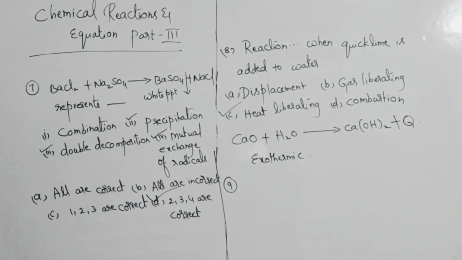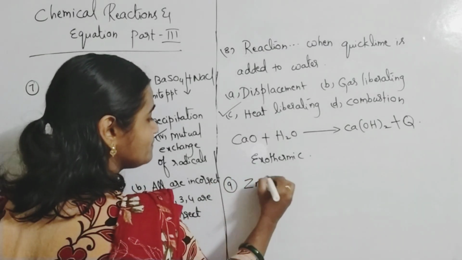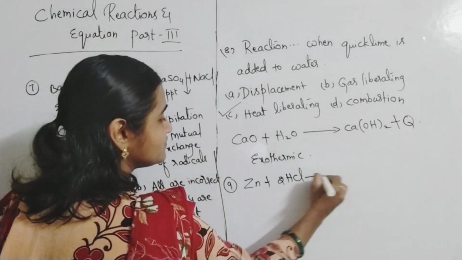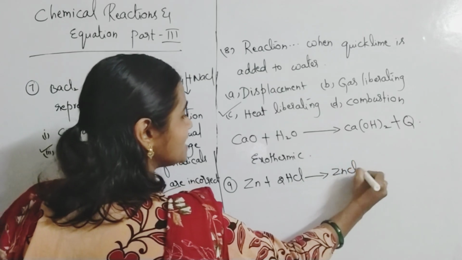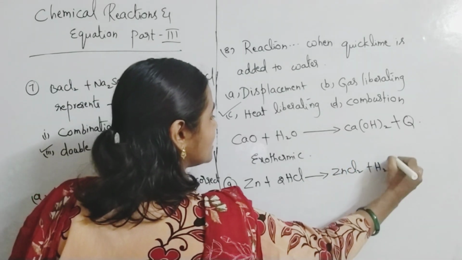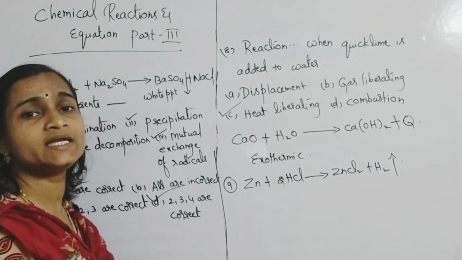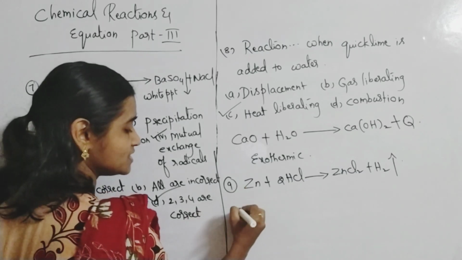So like that you will find questions. Next, zinc plus HCl gives rise to ZnCl2 plus H2. What type of reaction is it? Zn plus 2HCl gives ZnCl2 plus H2, with an upward arrow given. Recall the observations.